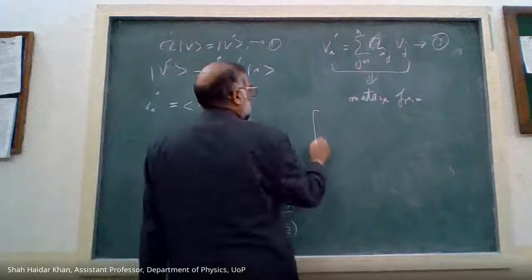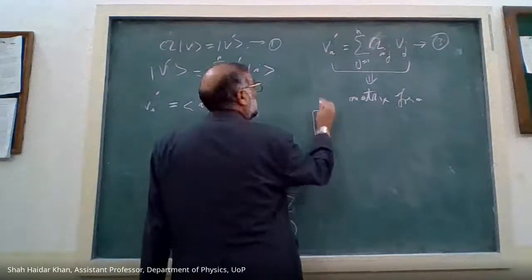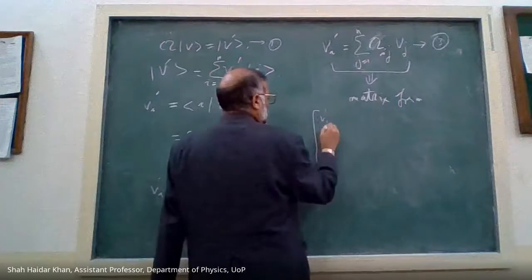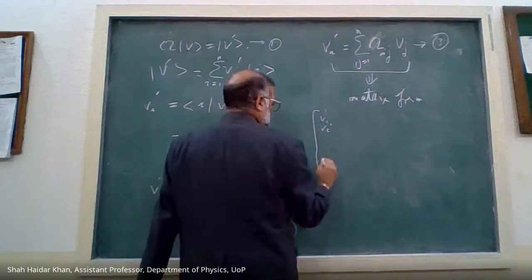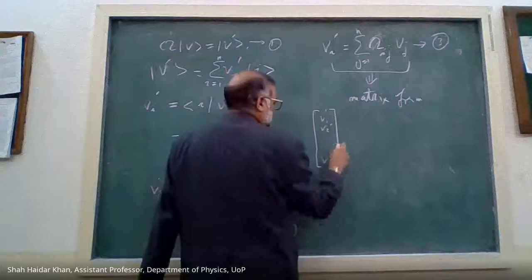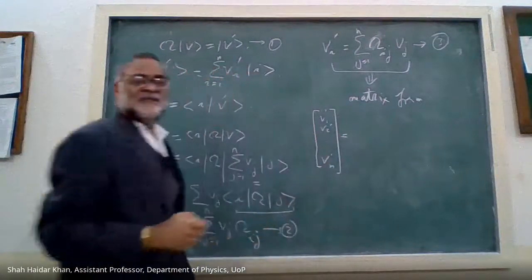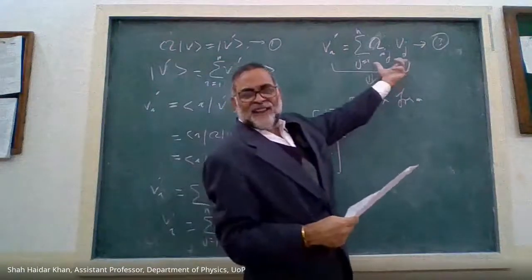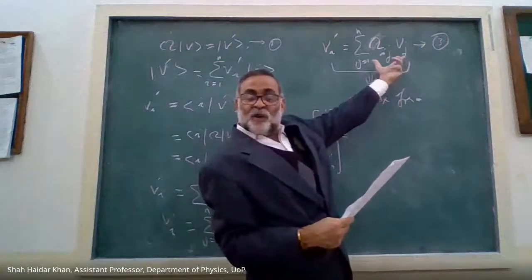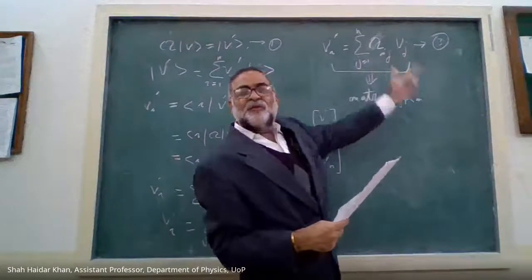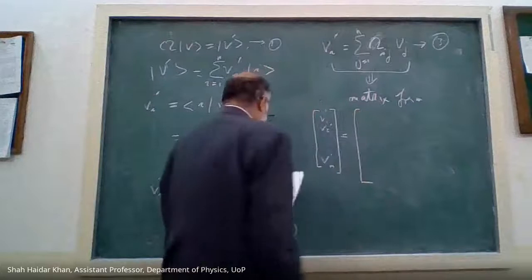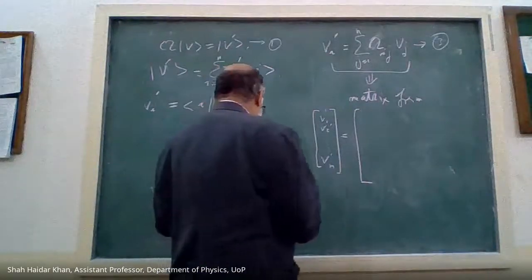So it can be written like this: V1 prime, V2 prime, Vn prime is equal to, right? This thing can be written in the form of the product of two vectors. What are the two? We will write it like this.